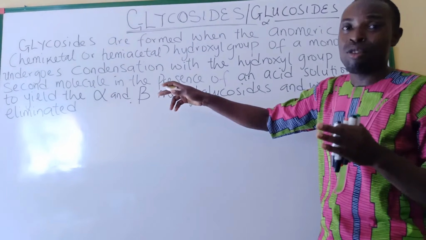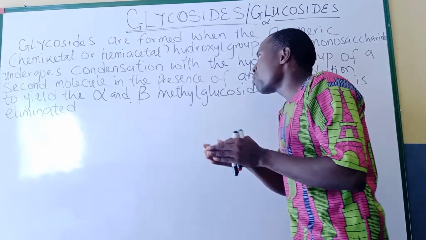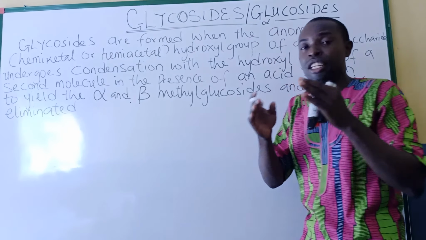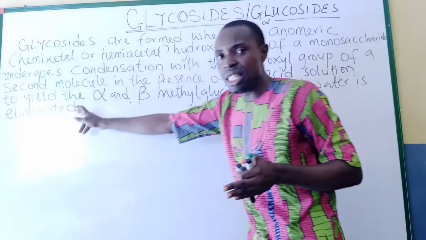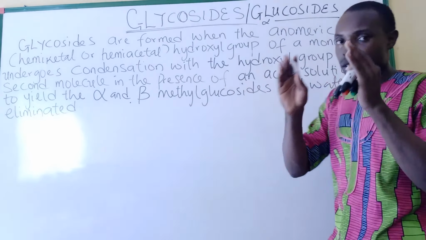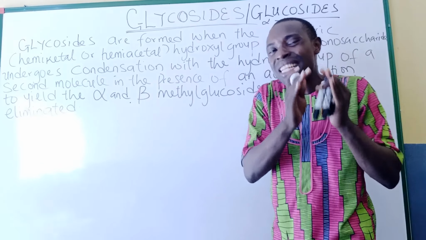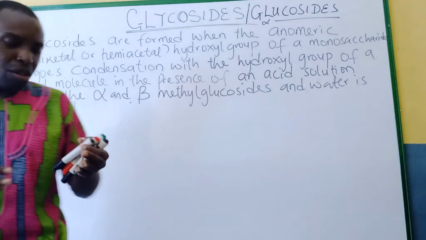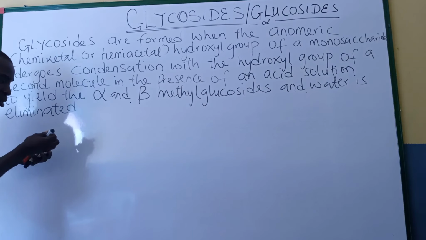In this case, under glucoside, we are using methyl alcohol, so that in the presence of an acidic solution in which the sugar in question is in, it will yield an alpha and beta methyl glucoside. And I have told you earlier, this reaction is a reversible process. Now, the reaction scheme and mechanism is as follows, so you follow it very well.